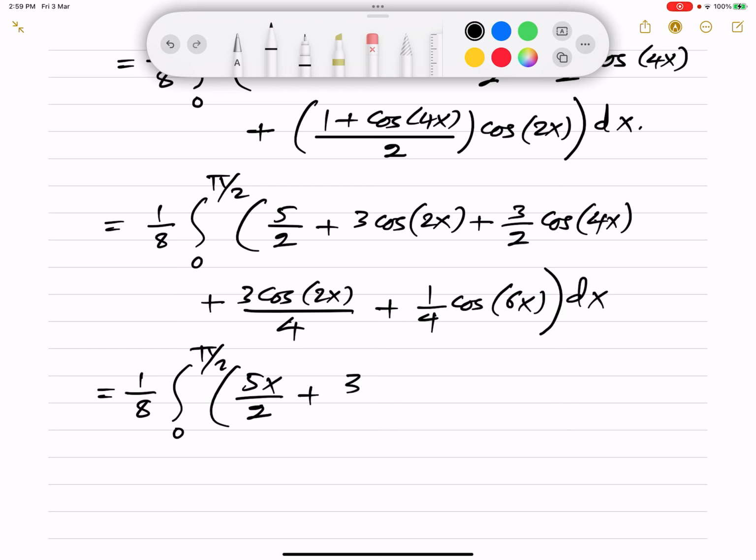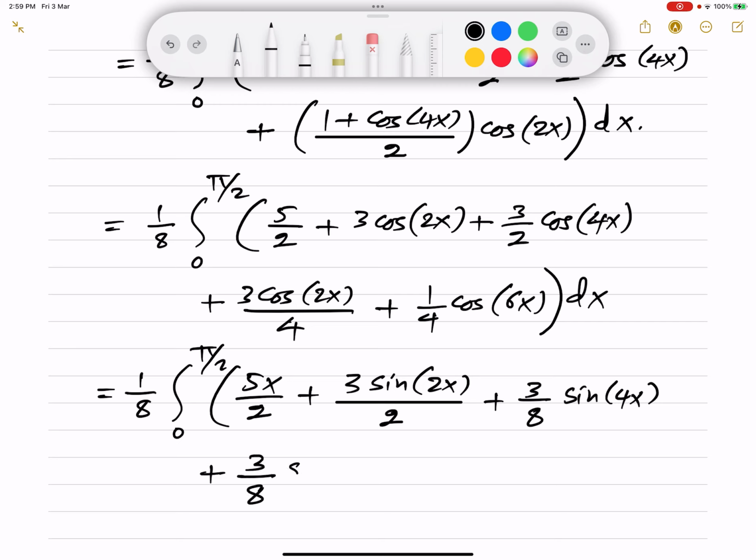So it is 3 sine 2x divided by 2 plus 3 divided by 8 sine 4x, and then the next cosine is 3 divided by 8 sine twice x, plus the last term is basically 1 over 4 times 6, which is 24 sine 6x.